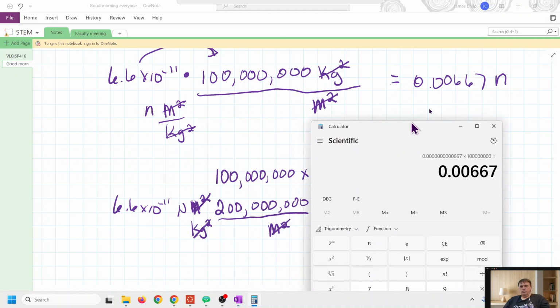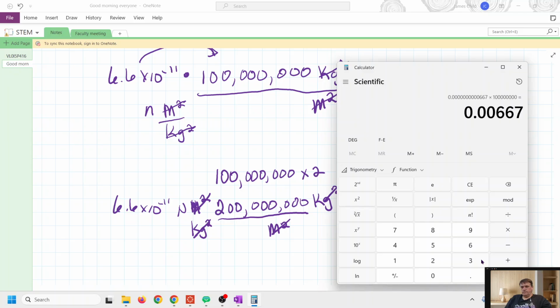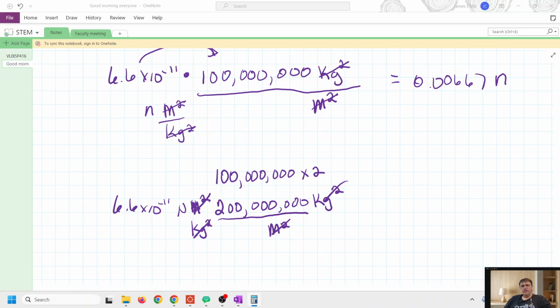Okay, so let's go ahead and do the math again. Let's pull this back down. And we have 10 to the negative 11 times 6.67 equals, times 200 million kilograms, and our answer is 0.01334 newtons.